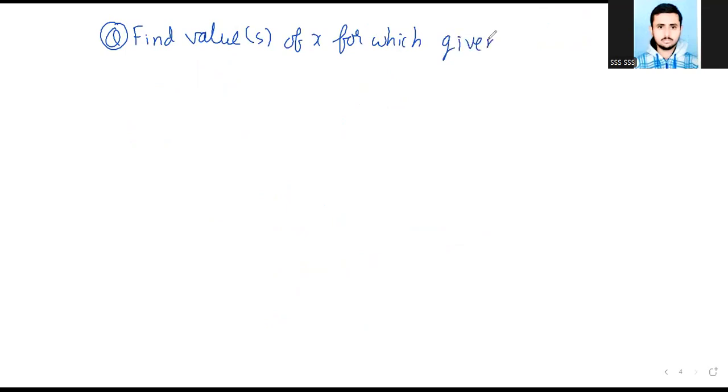Now let's do another question. The question says, find the value or values of x for which the given expression is defined.